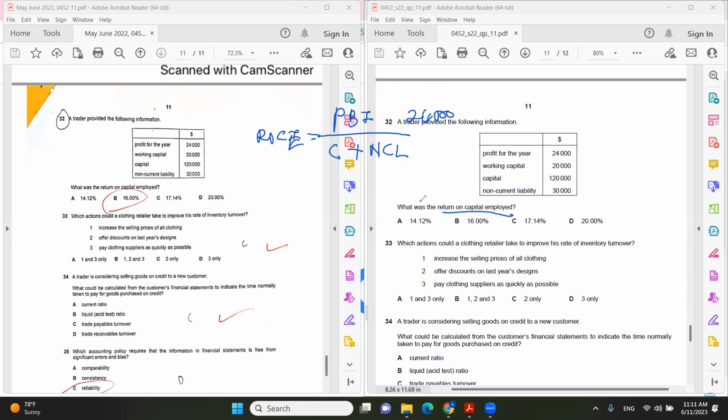Then our capital is 12,000, and then non-current liability is 30,000. So 24,000 divided by 42,000 times 100%. I get 16%... So the answer should be 16%.